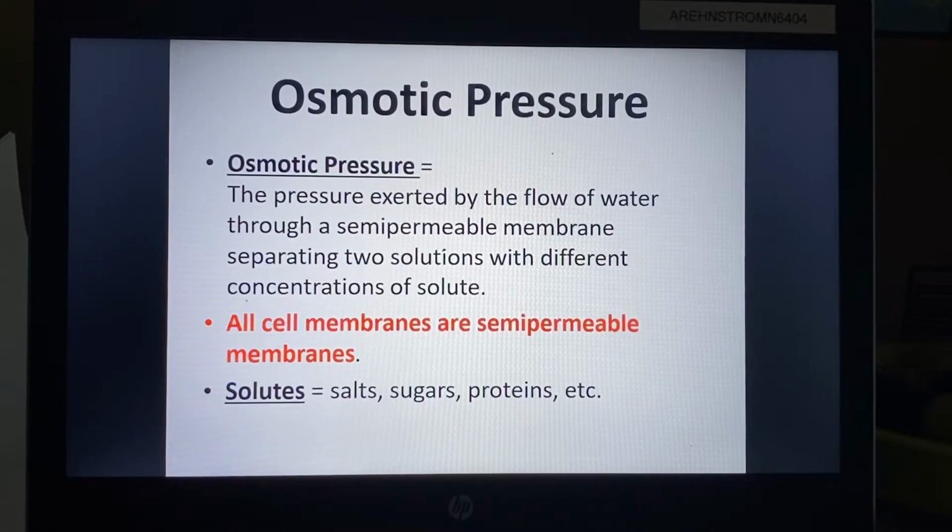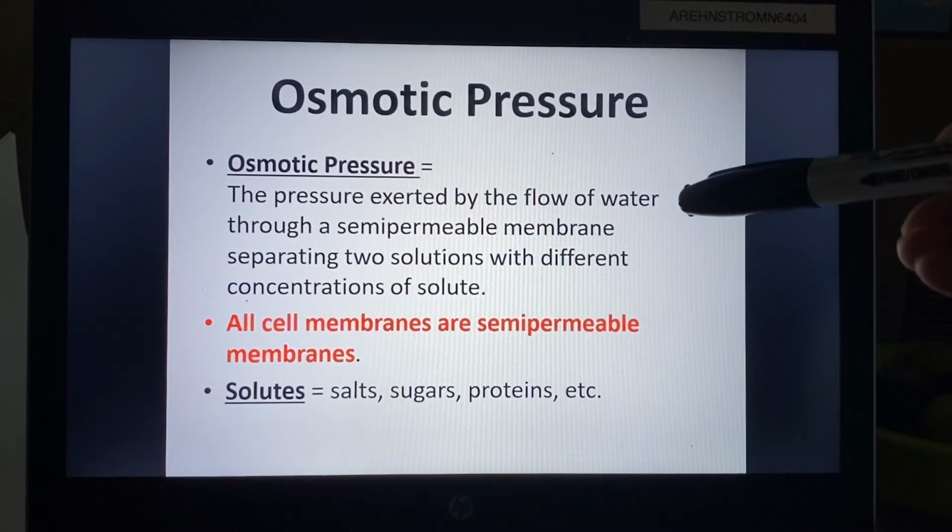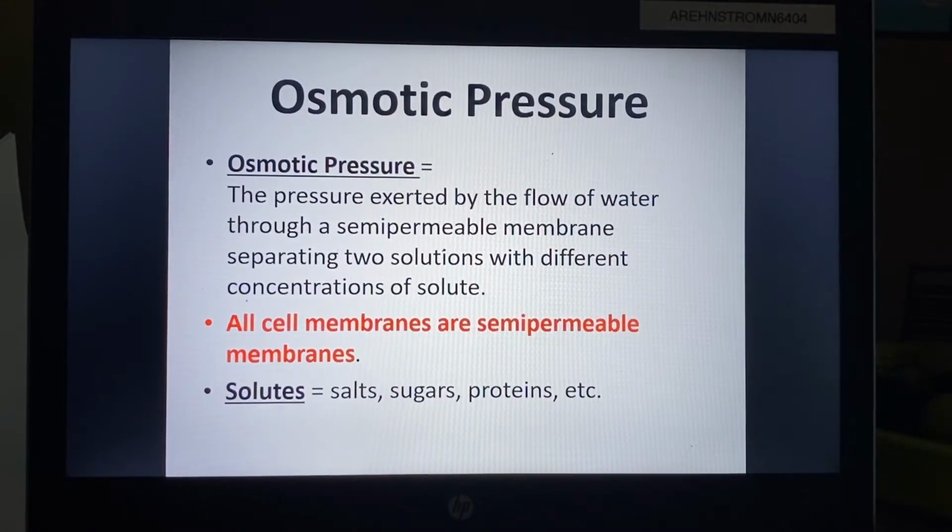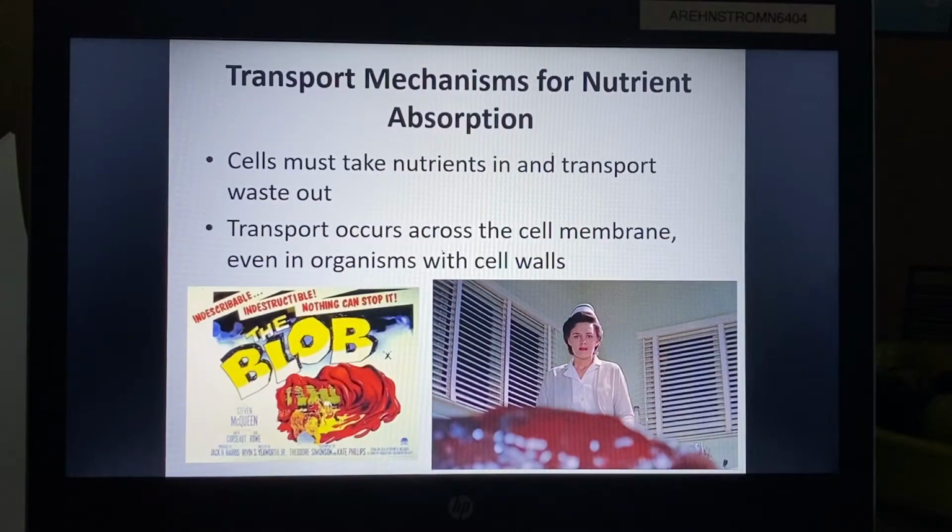Okay, so when we talk specifically about osmotic pressure, we're talking about the different concentrations of stuff, and because of that, it causes the flow of water to be different, whether it's into the cell or out of the cell. So that's what we're talking about.